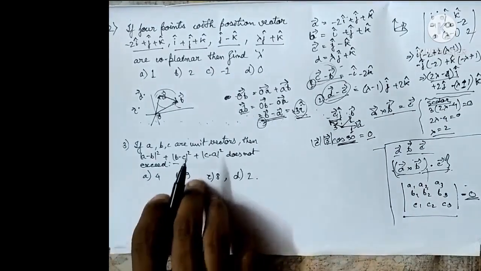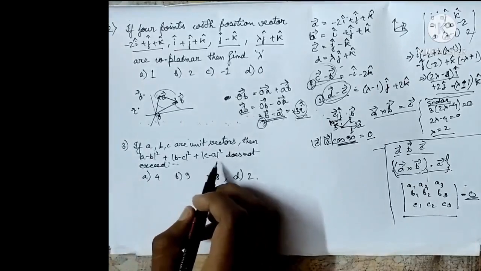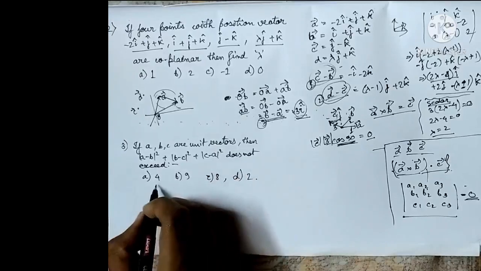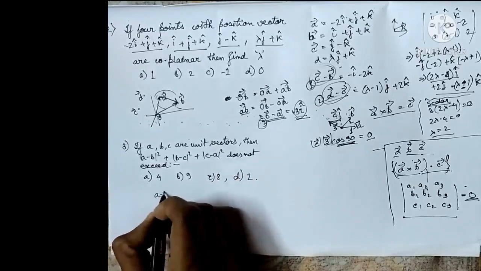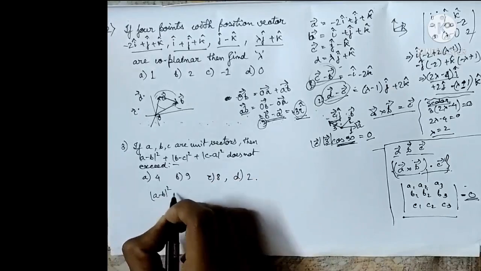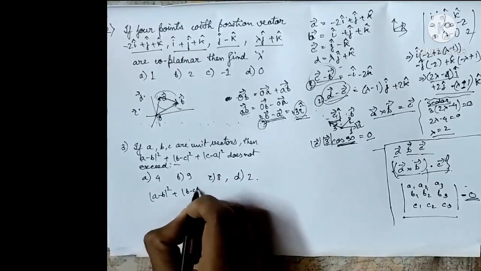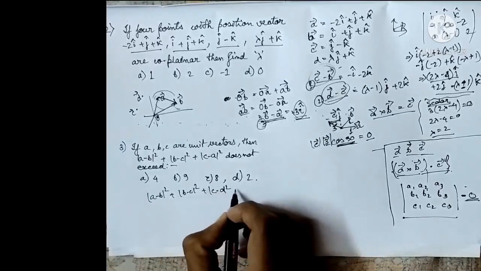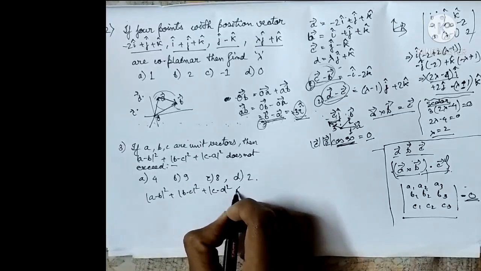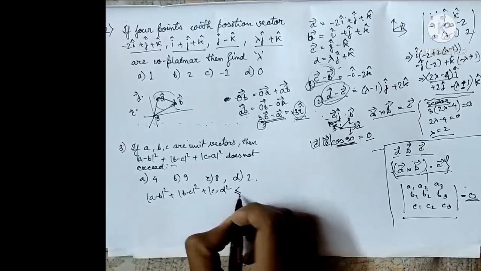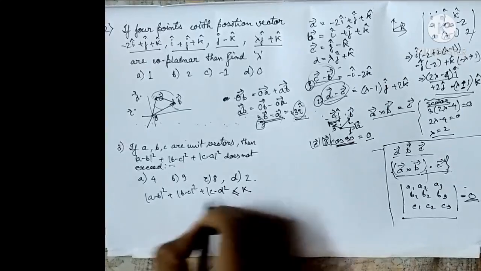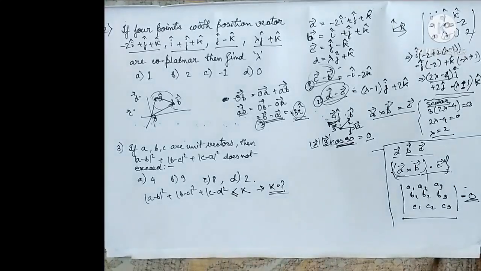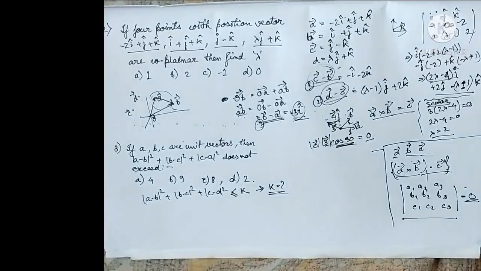Then a minus b whole square plus b minus c whole square plus c minus a whole square is less than or equal to k. So k is equal to what? We must find this out, just simplifying it in mathematical terms.